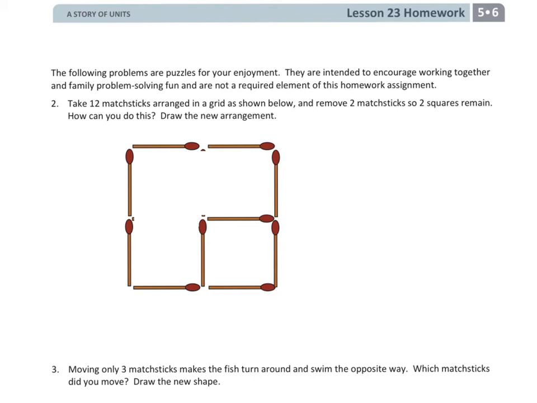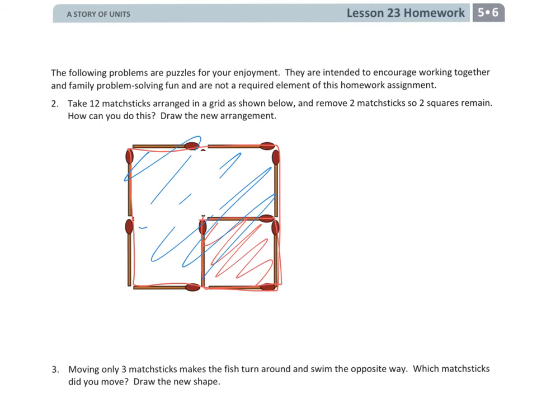And I just took away 2, and I have 2 squares remaining. Here's 1 square, all the way around the outside, and then here's my second square right there. So I have 1 here, and then I have 1 here, the whole square. So that was my way of doing it.